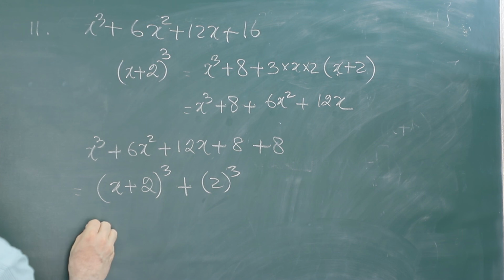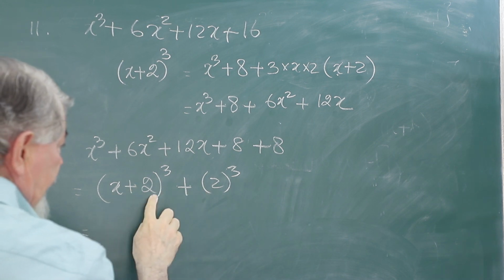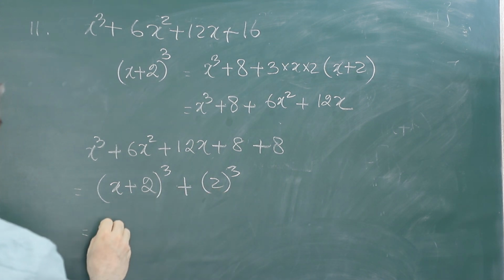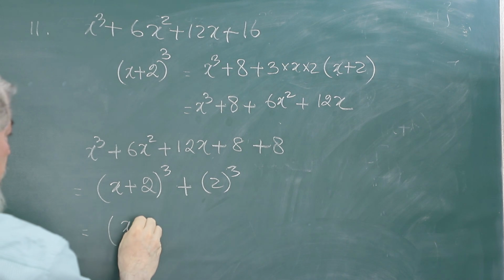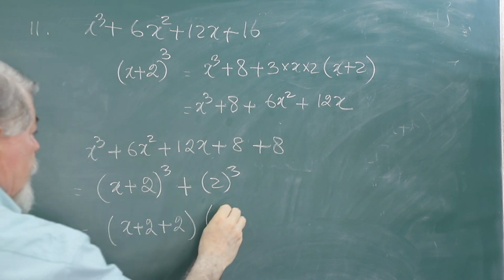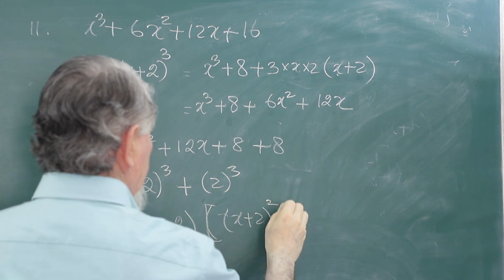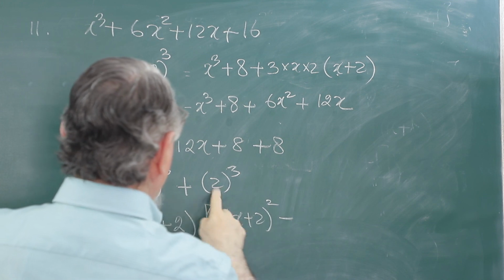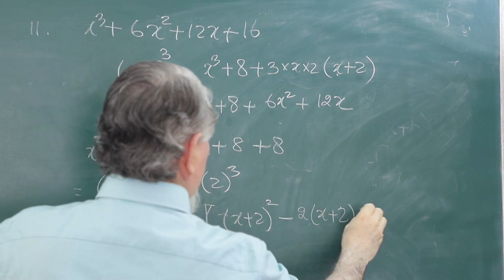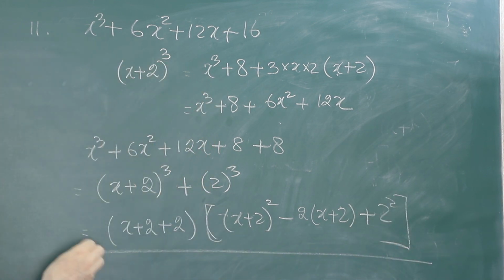Now what will you get? You will get a plus b, in place of a I have x plus 2, and in place of b I have 2. Then a square, x plus 2 whole square, minus ab, 2 into x plus 2, and plus 2 square. This is your factor. You can open it.